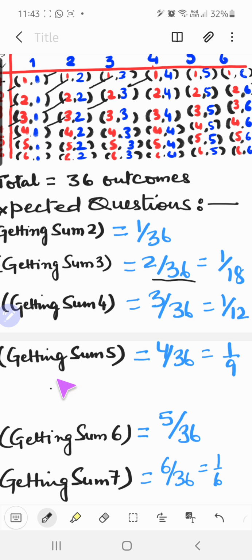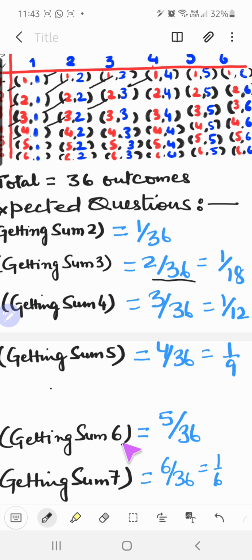What is the probability of getting the sum equal to 5? Now you will consider this diagonal, and on this diagonal we have 4 outcomes giving us the sum 5. Therefore 4 favorable out of 36 total, and the probability will be 1 by 9.